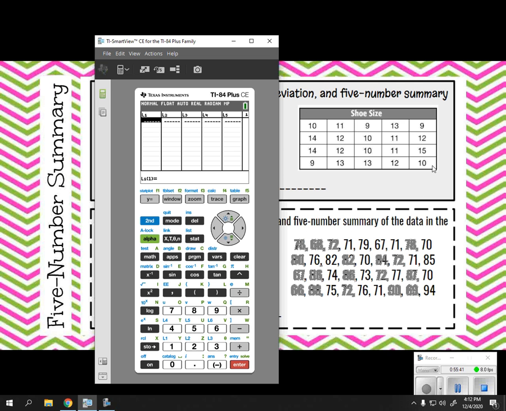But this is one variable, shoe size. So even though it's a table and it's got columns, we have to make sure that each data value goes into L1. So just watch out for that. It would be a tricky-ish problem, trying to get you on the end of course. So just watch out.